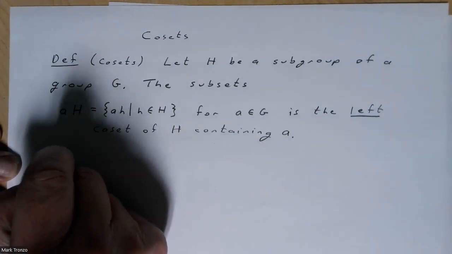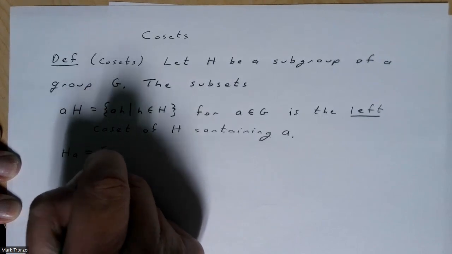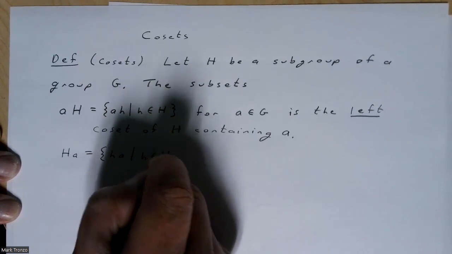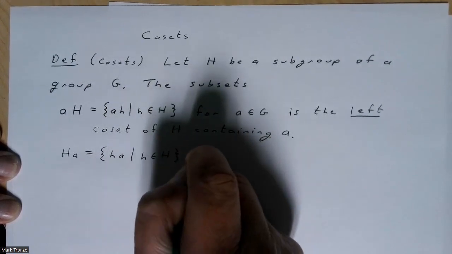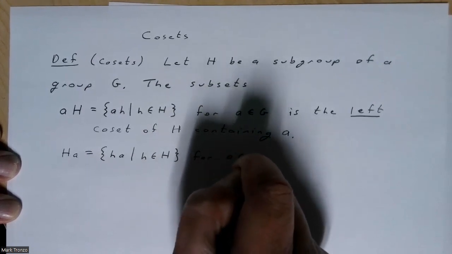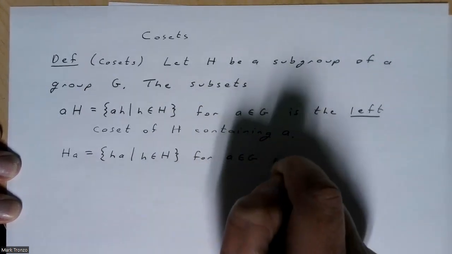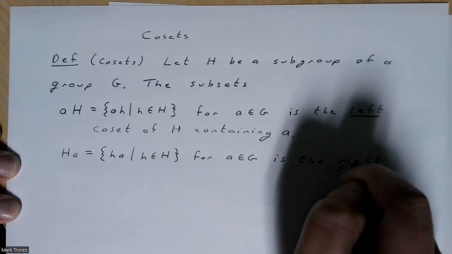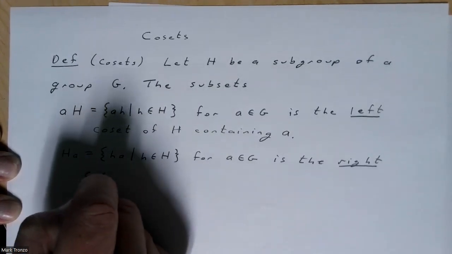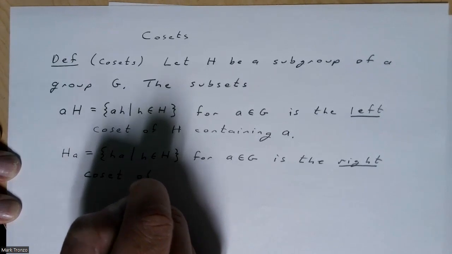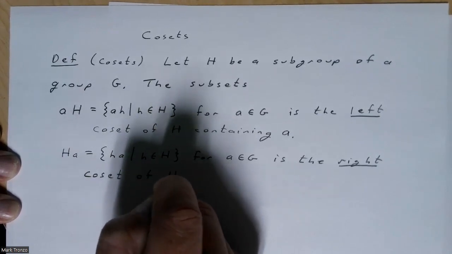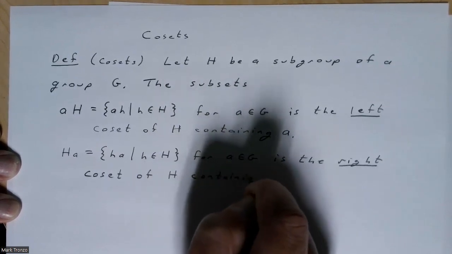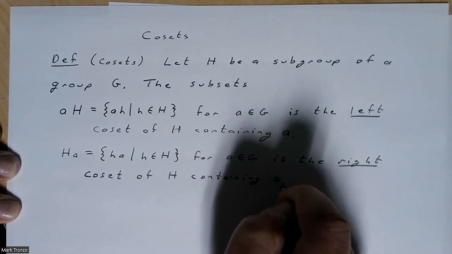And then for the right coset, again for a in G, is the right coset of H containing a.